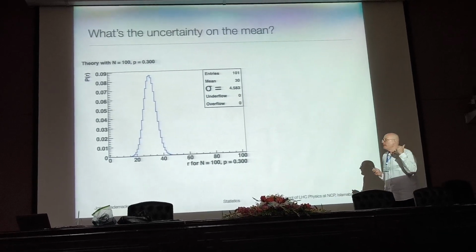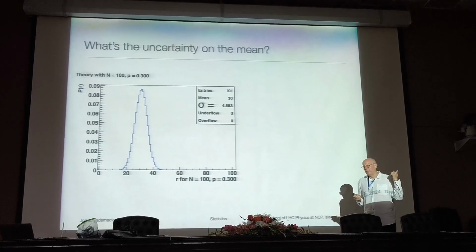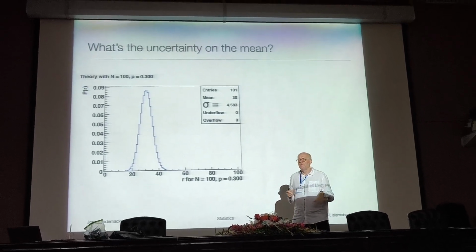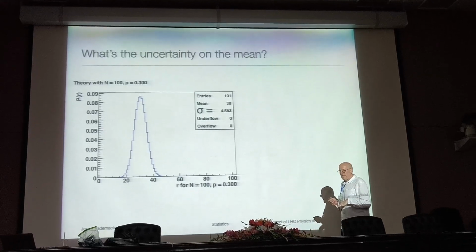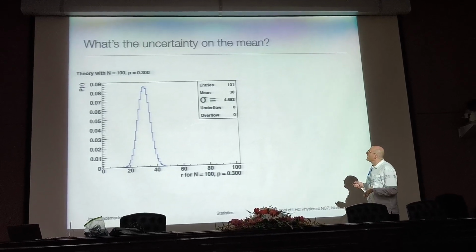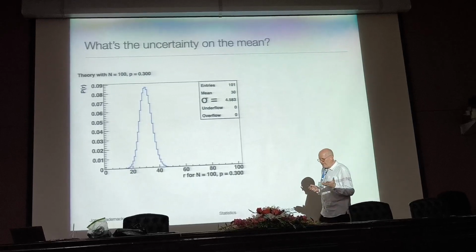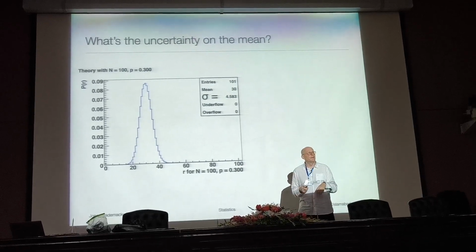We know that under many circumstances at least, the uncertainties will be Gaussian, and now I can estimate this Gaussian, the mean and its width, by repeating my experiment many times.